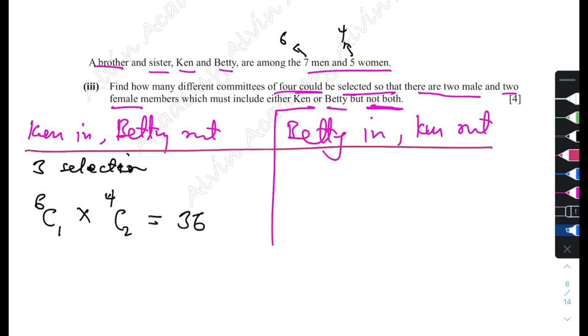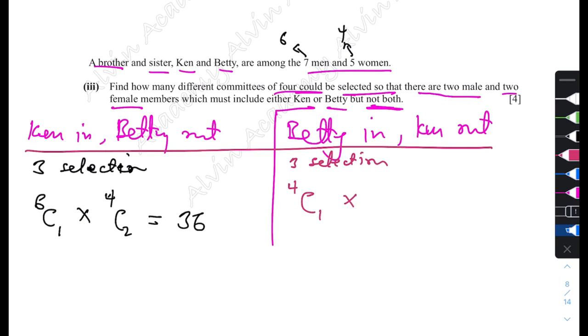Now, how about if Betty is there and then Ken is out? Well, if Betty must be on the committee, then there must be 3 selections that we need to do. Betty is already there, so we need 1 more female and 2 male. Since Betty has already been selected, we are left with 4 females to choose 1 from.